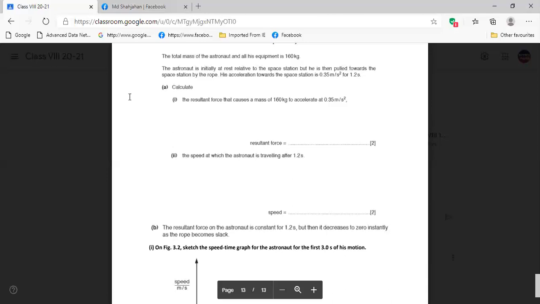So it will be the acceleration into time. And the answer is? 0.42 meter per second. Yes.